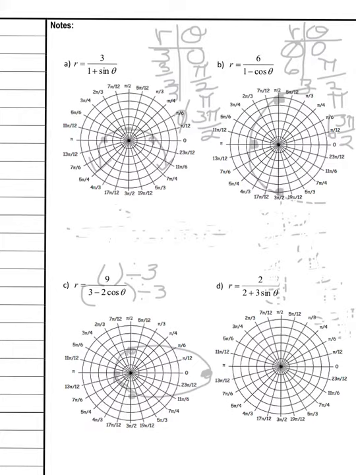Okay, so notice that problem D is not in standard form. So I have to divide by 2, numerator and denominator. So I end up with r equals 1 over 1 plus 3/2 sine theta.